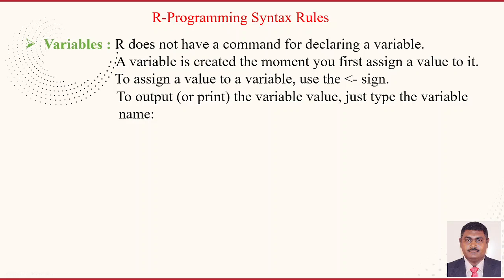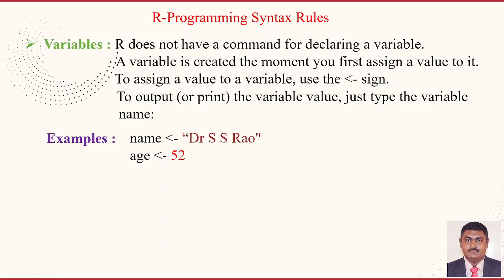Variables. R does not have a command for declaring a variable. A variable is created the moment you first assign a value to it. To assign a value to a variable, use the less than hyphen sign. To output or print the variable value, just type the variable name.